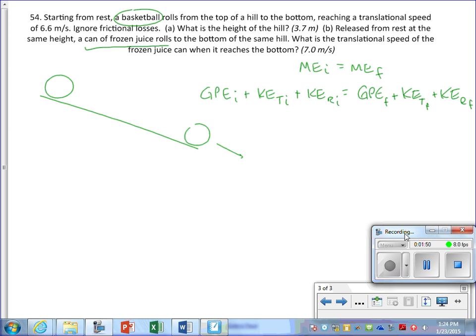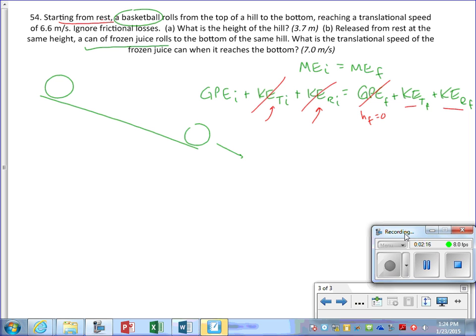Now, that basically gets rid of both of those initial kinetic terms. The center of mass is not moving, it's not rolling. In the end, it gets to where we'll call zero height, but it is moving as a whole object. It's moving down the hill and it's rolling.